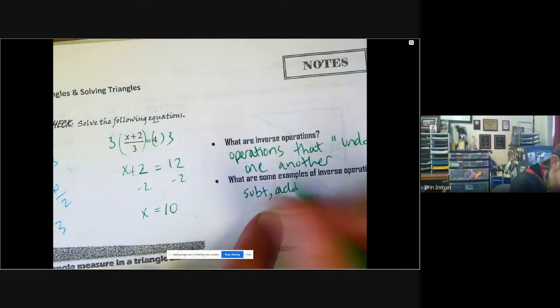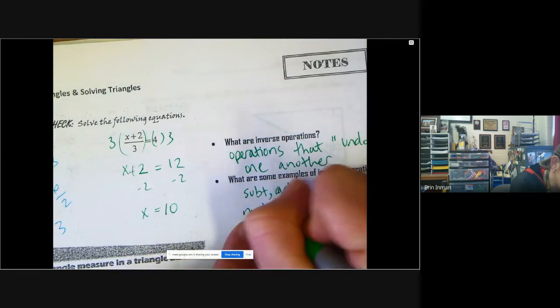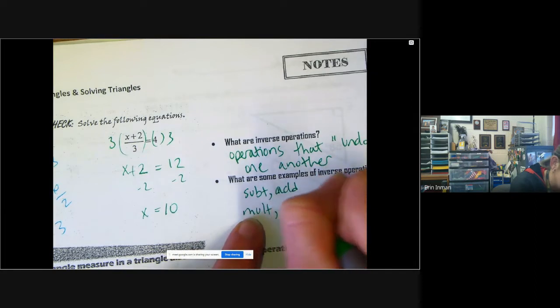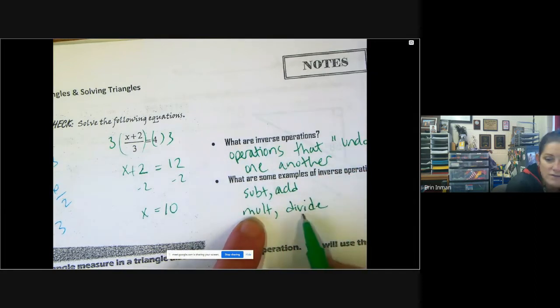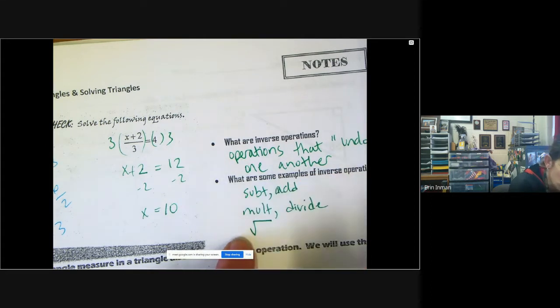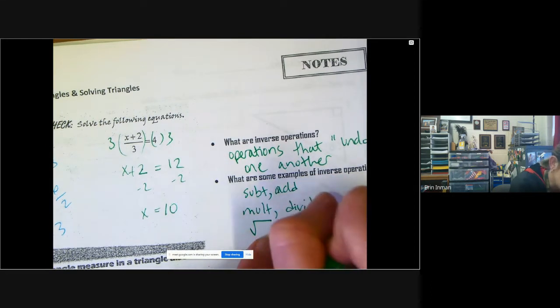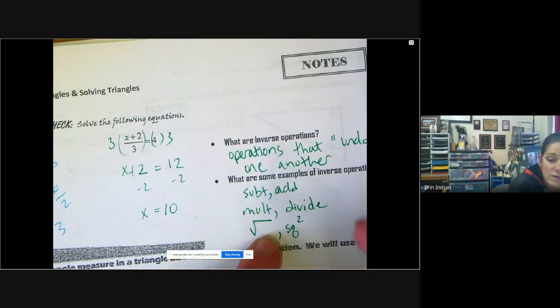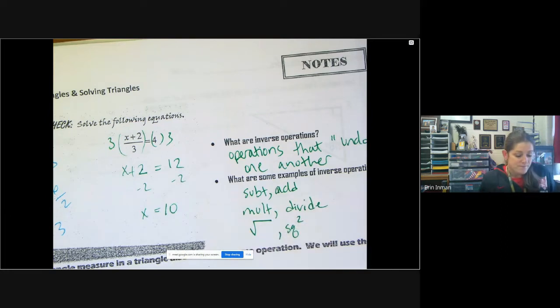We then had multiplication that we had to undo with division. And if I had division, I undo it with multiplication. Vice versa, they work both ways. One of the ones that we've been using more recently was, if I have a square root, then we would undo that with squaring something. Or if something is squared, we undo the squared with a square root.